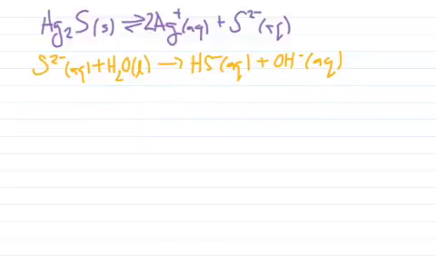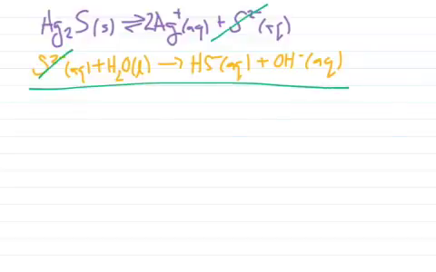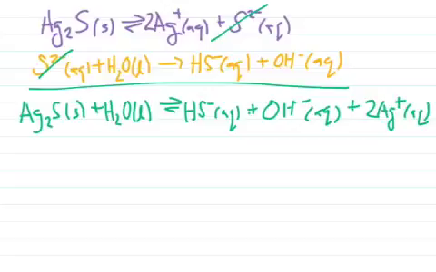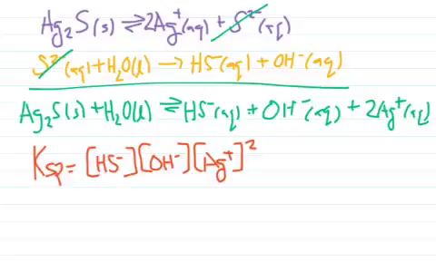Now I'm going to cancel out the sulfide and see what I have left over. And I have my silver sulfide, water, my hydrogen sulfide ion, my hydroxide, and 2 silver ions. Now I'm going to do my Ksp, and my Ksp gives me my products.